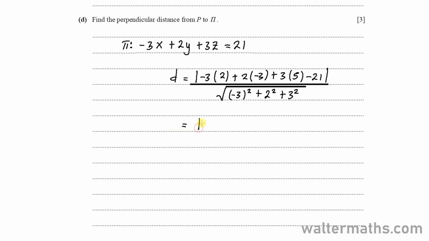That's the modulus of minus 6 plus 15 minus 21, and that's over the square root of 9 plus 4 plus 9. So eventually we'll be having 18 over root 22.